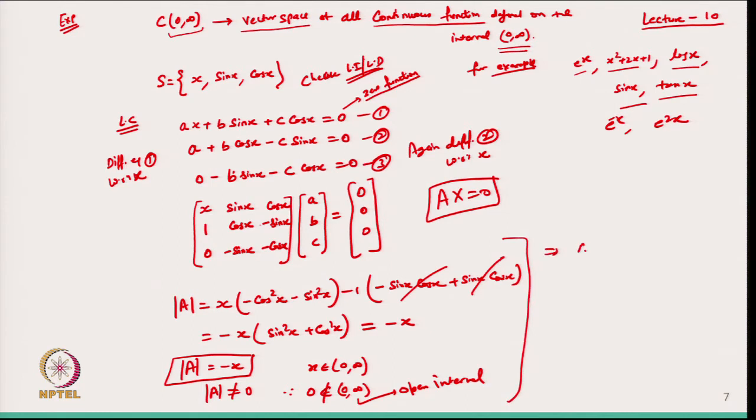Since my determinant is not equal to 0, I am going to have x equal to A inverse 0, and that will be 0.